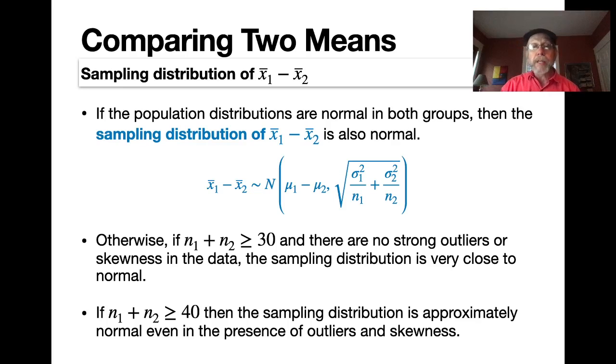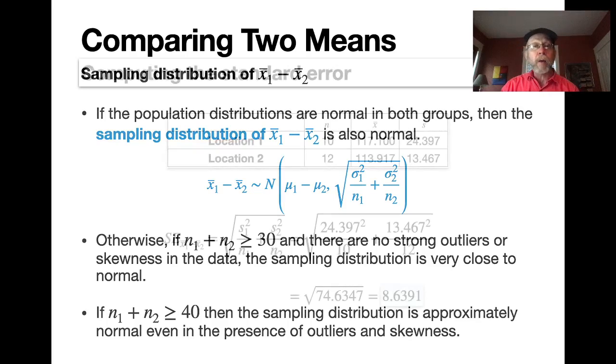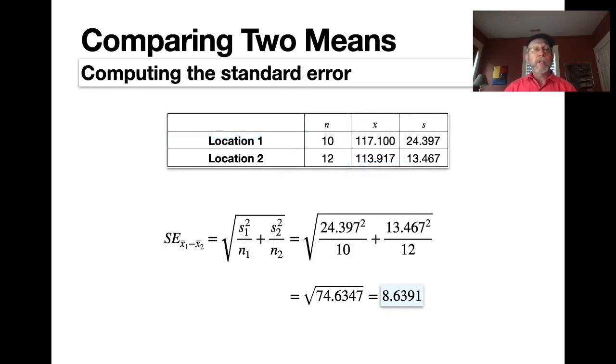So let's see how some of these ideas play out for our data. I've got the summary statistics here in the table in front of us just so we can keep those in view, and we can compute the standard error of x1 bar minus x2 bar, and you see that computation here. It turns out to be 8.6391.